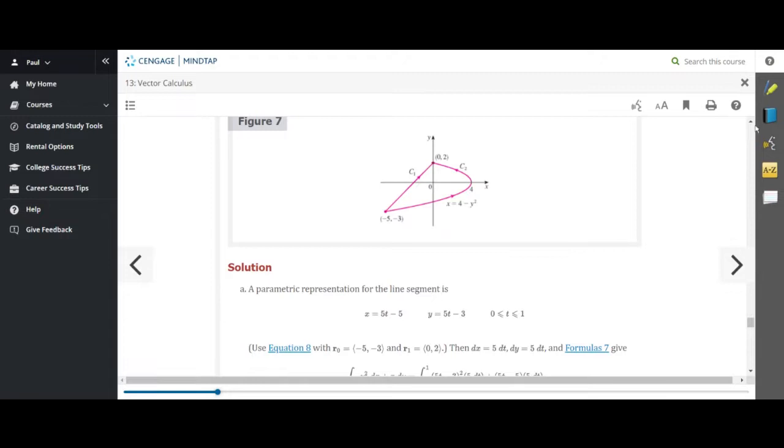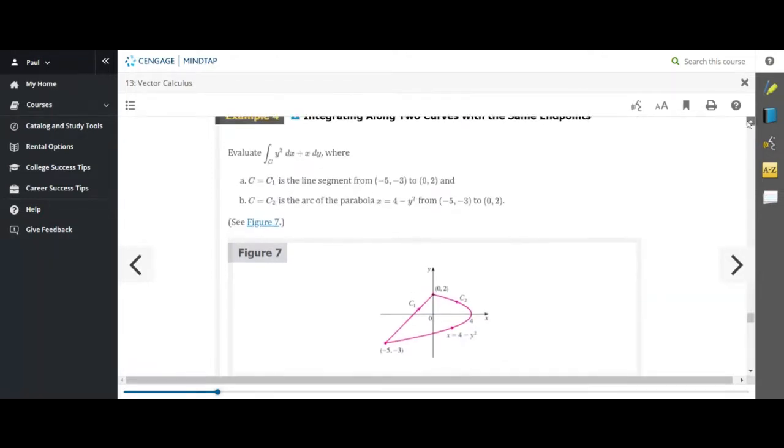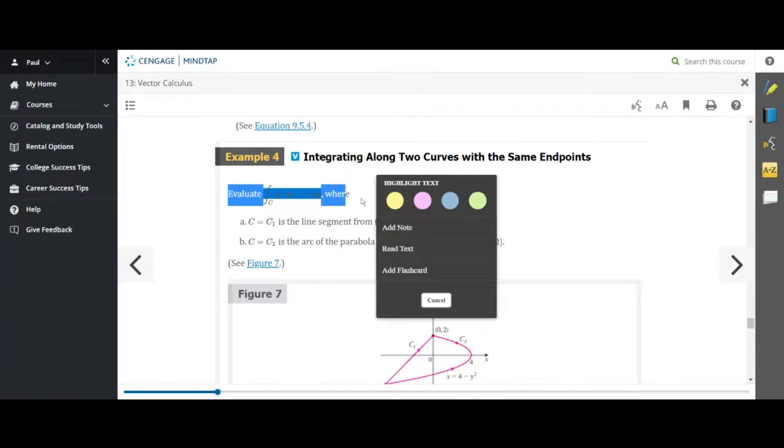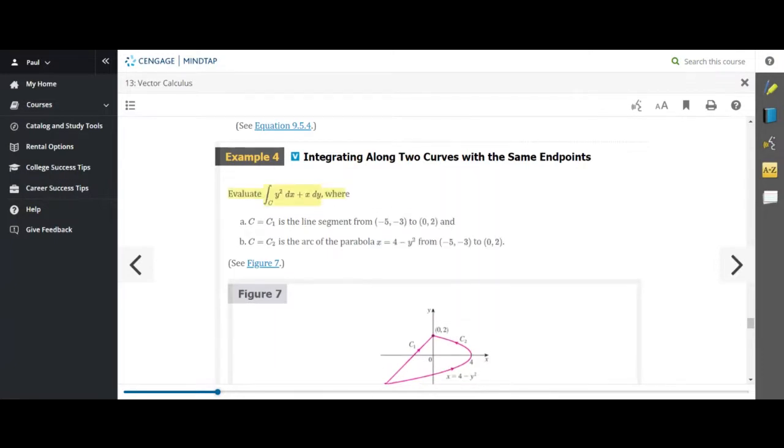So how would you do that? By the way, here is what they want you to find. That notation means find the sum of two line integrals, one with respect to x and one with respect to y. The line integral with respect to x involves the function y squared.